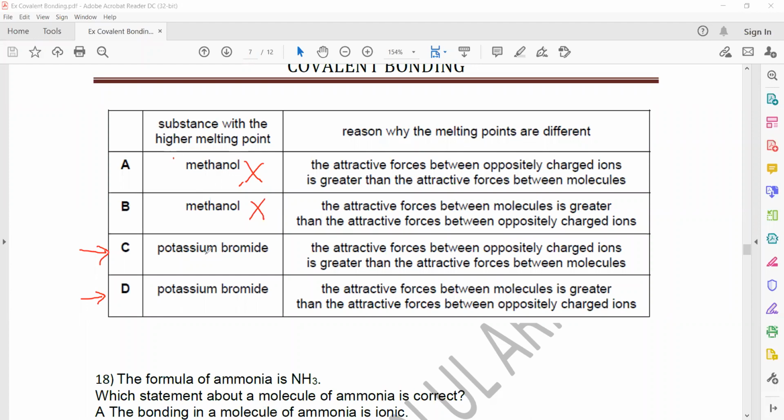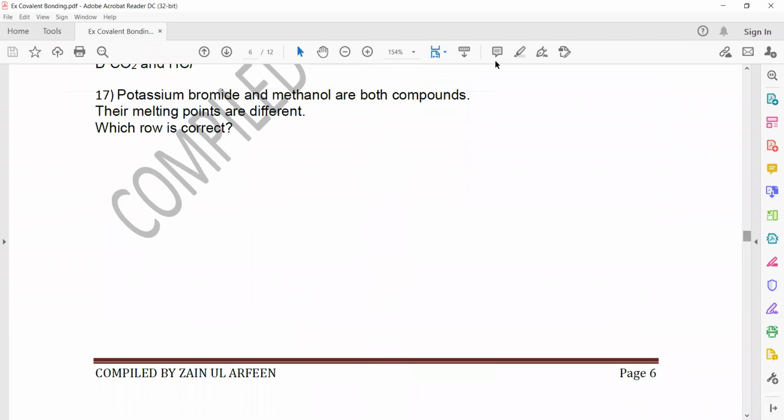Because potassium bromide is an ionic compound, the attractive force between the oppositely charged ions is greater than the forces between the molecules. Because in methanol there will be molecules. If I draw the structure for both, potassium bromide is an ionic compound.